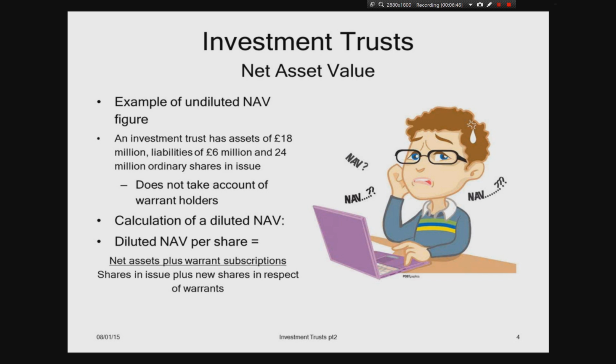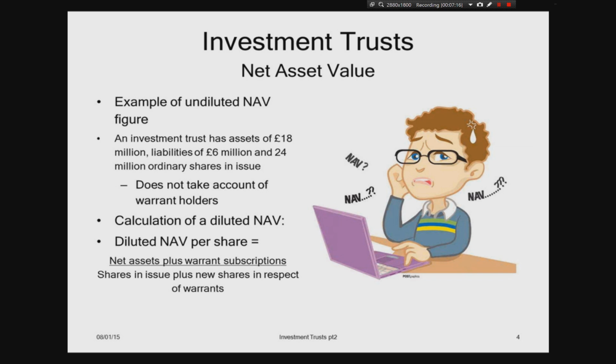In other words, that's 18 minus the 6, giving us the 12 million, divided by the number of ordinary shares in issue, tells me that every share that I own would get me 50 pence of the value of the trust. So if I hold 10,000 shares, they're worth £5,000.